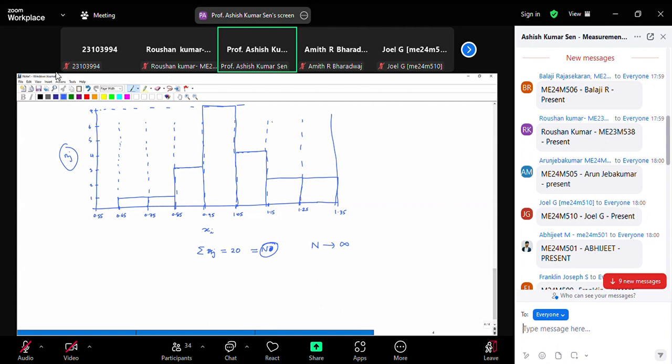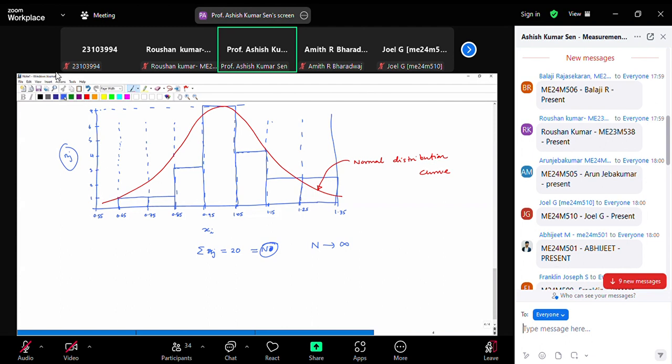You will find that this histogram will eventually turn into a curve which would look something like that. And such a curve is known as the normal distribution curve. It also tells about the central tendency of the data.